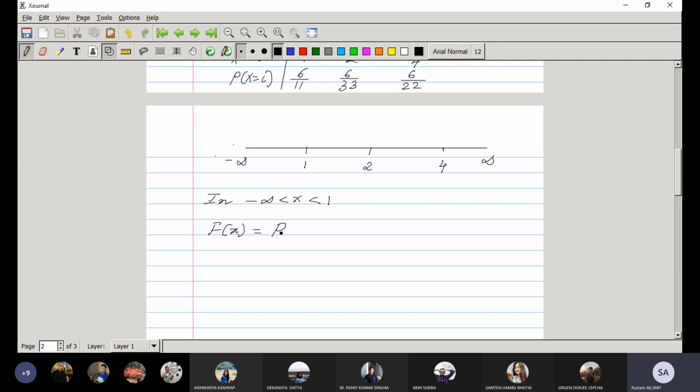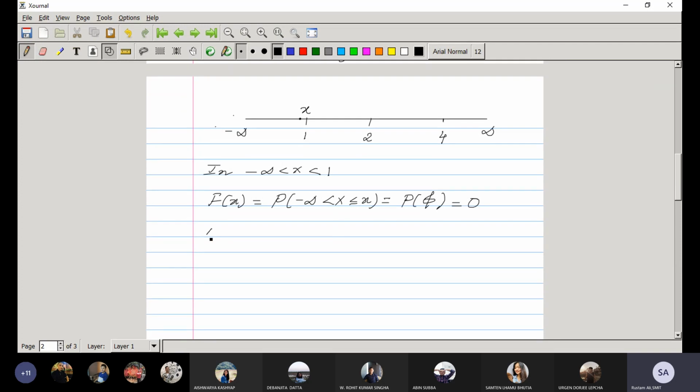Capital Fx will be probability minus infinity less than X less than or equal to x. Suppose you are standing at this point, it will collect all the probability from minus infinity to your position and give that to you, but there is no probability. Probability is located at the points x equal to 1, x equal to 2 and x equal to 4. So in that case you'll get nothing. Probability of phi, that will be 0.